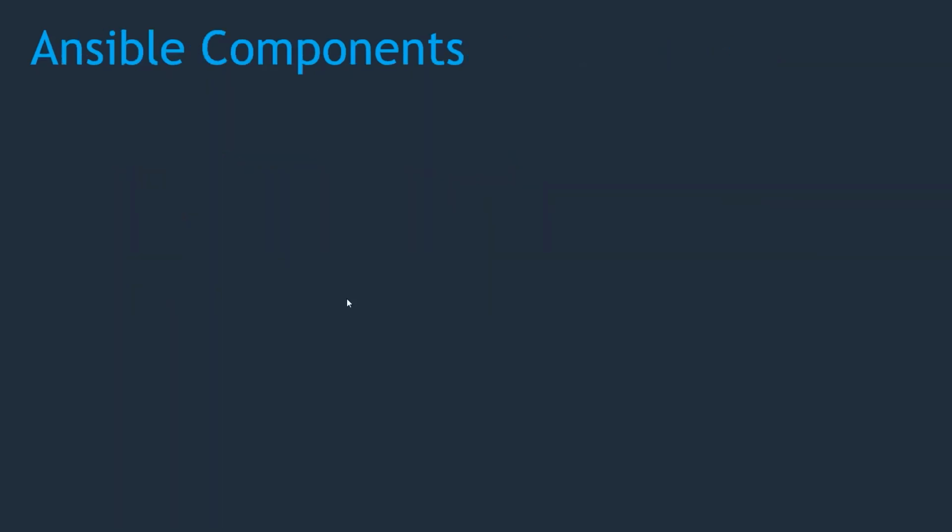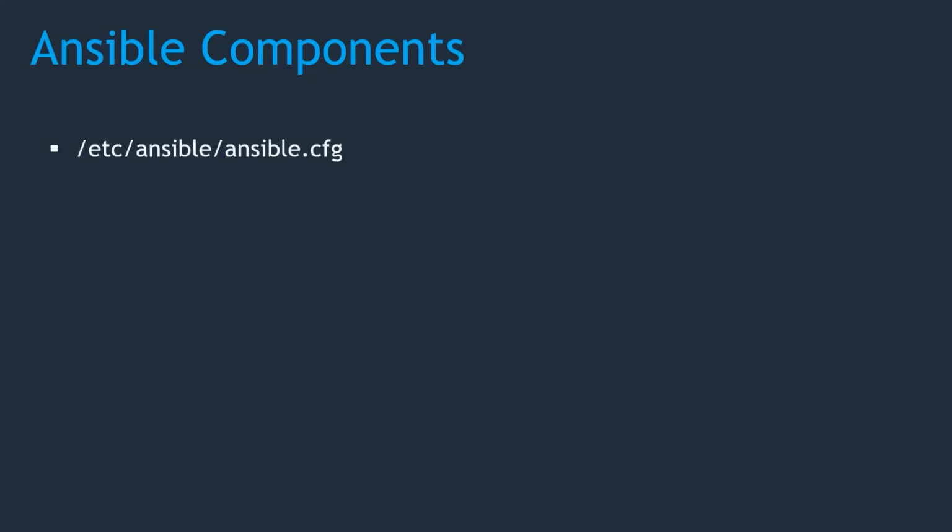Next, Ansible components. Before diving a little more into Ansible, we need to understand a few files or terminologies. We have already discussed terminologies in the previous class, but these are a little bit new, and how we are going to work at the Ansible level.